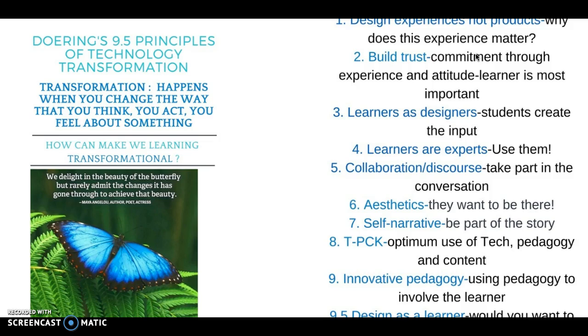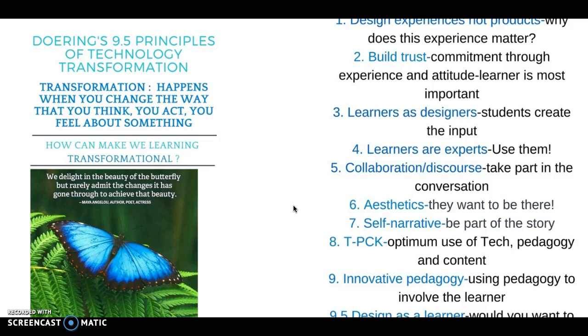And so he says that transformation happens when you change the way that you think, you act, and you feel about something. And I think this also depends very much on the learner. It also depends on how we motivate and sort of maybe even activate the learner, sort of finding a way into him or her.